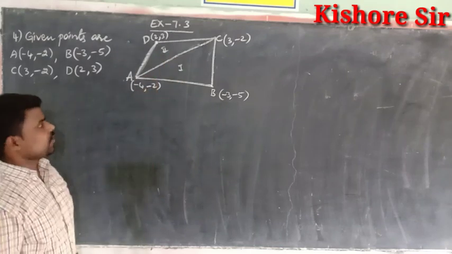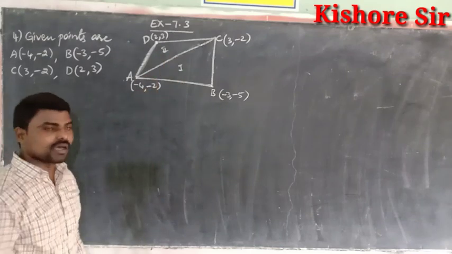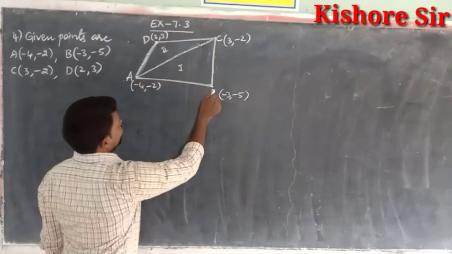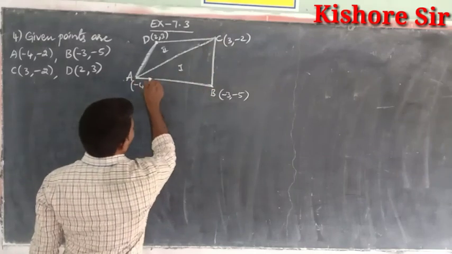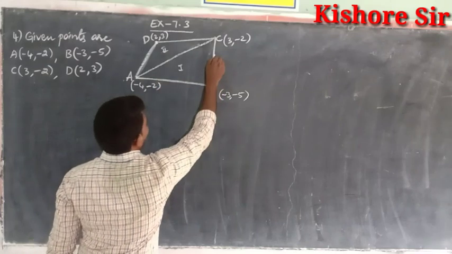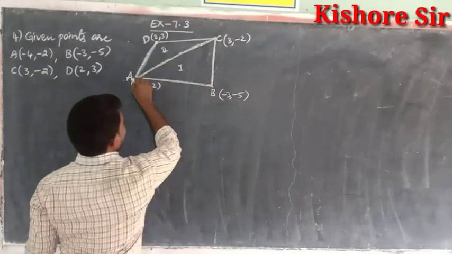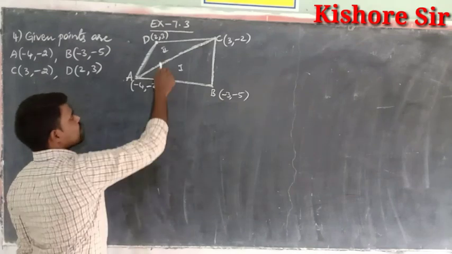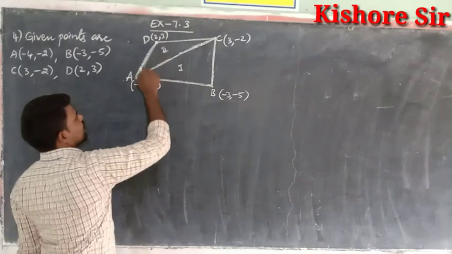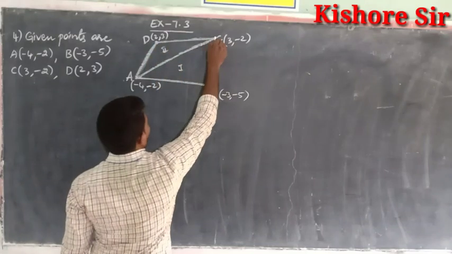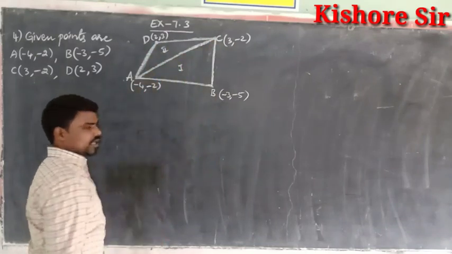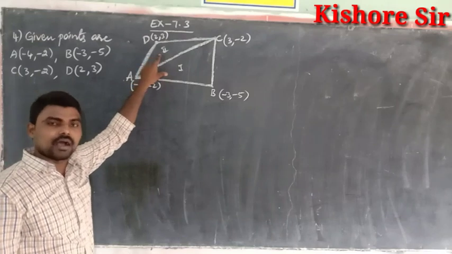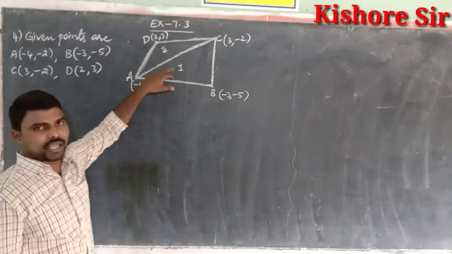Okay, now first we have to find the area of triangle 1, that is ABC. After that we have to find the area of the triangle ADC, the second triangle. Totally 2 triangles are here. We have to find the areas of these 2 triangles.